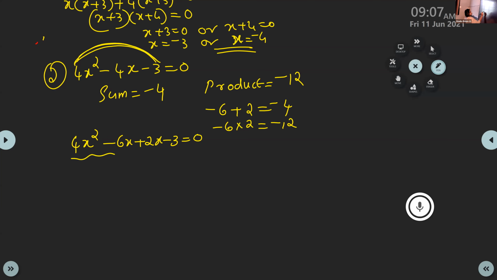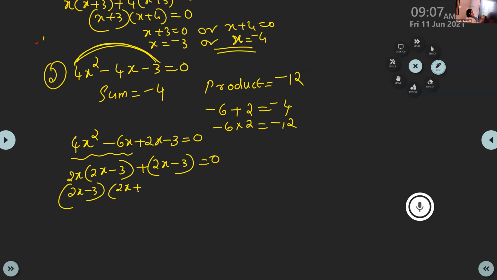From these two terms, we can take 2x as a common factor, remaining 2x minus 3, plus 2x minus 3 again. So take 2x minus 3 as common. So 2x minus 3 into 2x plus 1 equal to 0.